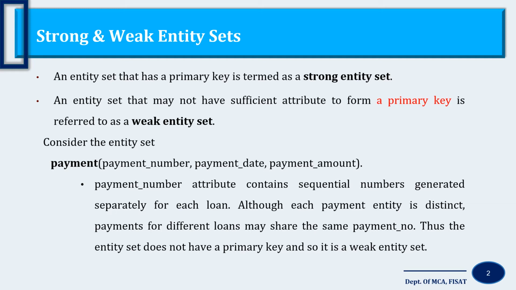So by means of the roll number alone, we cannot uniquely identify the entity, right? By means of roll number 1, we'll be getting two values. So that entity set is termed a weak entity set because it does not contain an attribute or set of attributes to uniquely identify a particular entity. Such an entity set can be called a weak entity set.